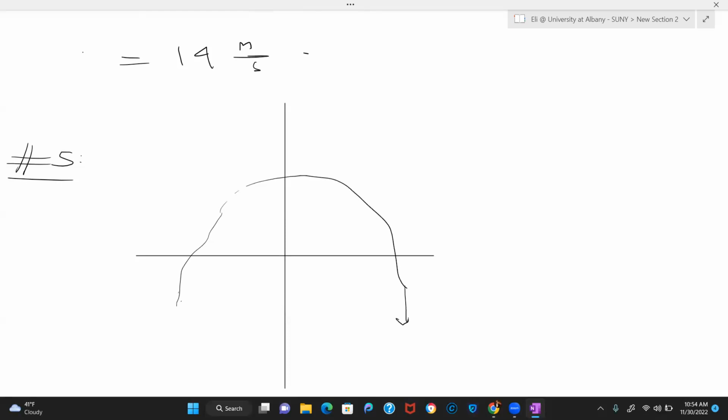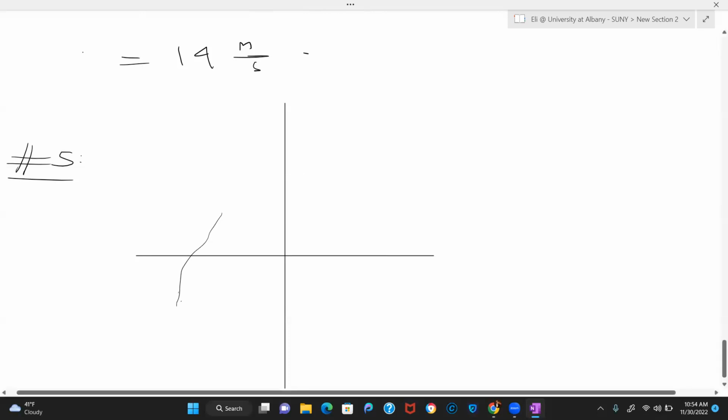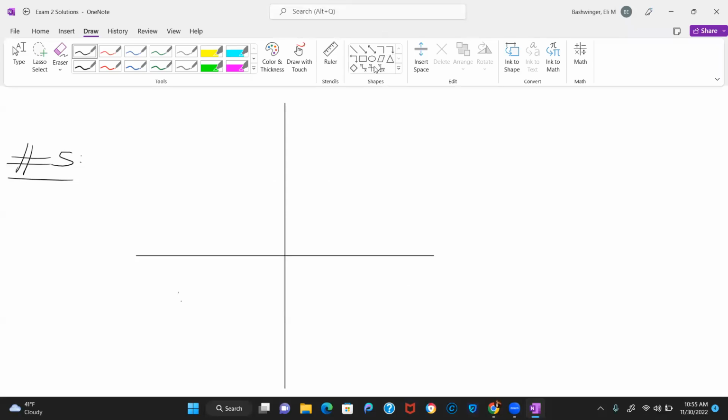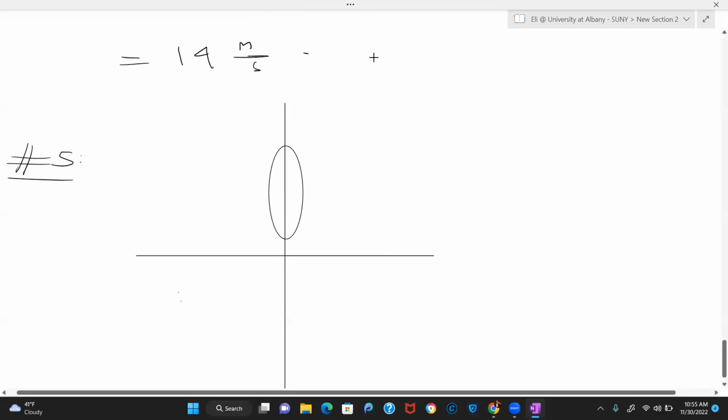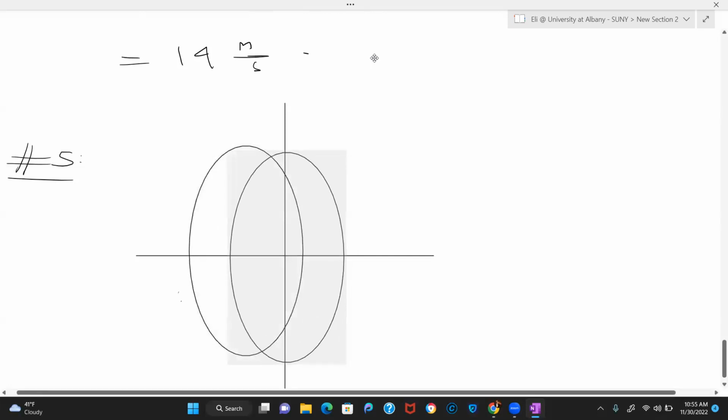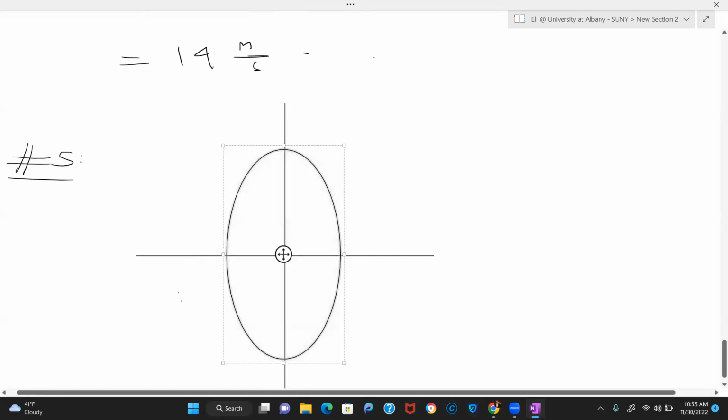I can't do it. What if I do an ellipse? If I do an ellipse, can I erase some of that?